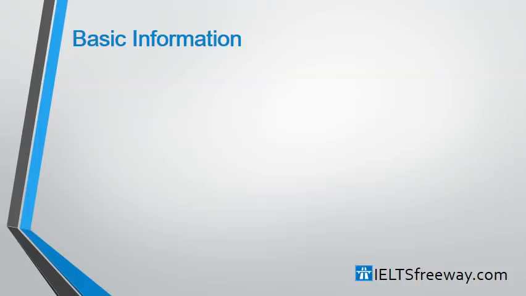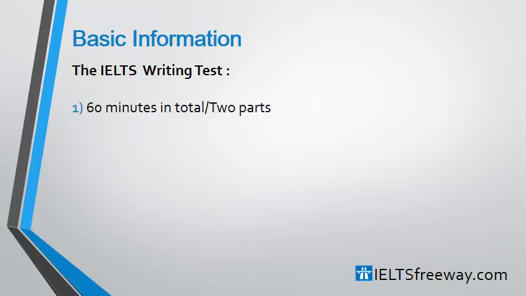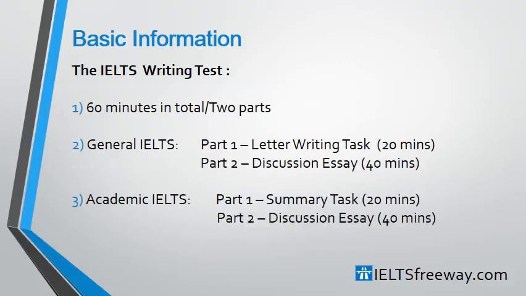The IELTS writing test is 60 minutes long in total and it consists of 2 parts. Part 1 is different depending on if you're taking the general paper or the academic paper. If you're taking general IELTS, part 1 is a letter writing task. If you're taking the academic IELTS, Part 1 is a summary task where you summarize graphs, charts or pictures.